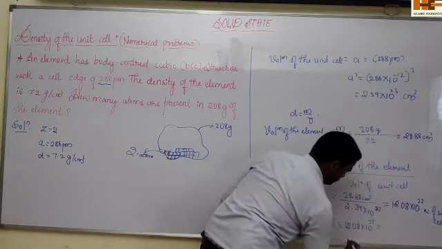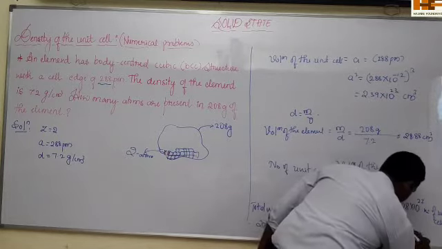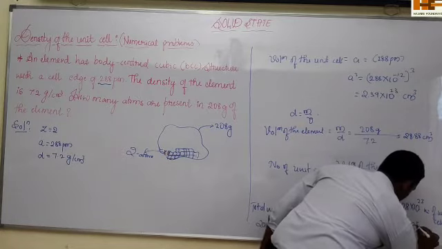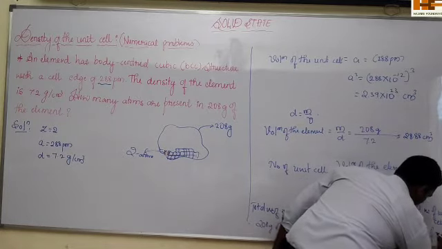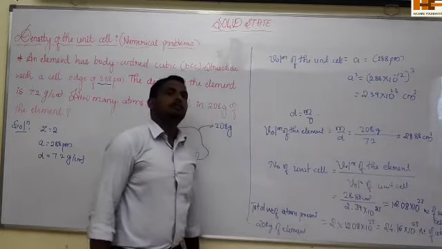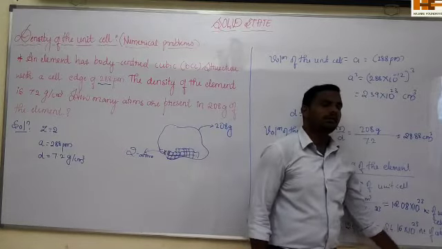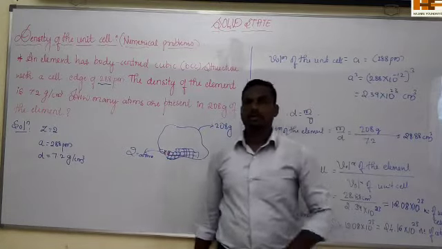So this will become 24.16 into 10 to the power 23 number of atoms.